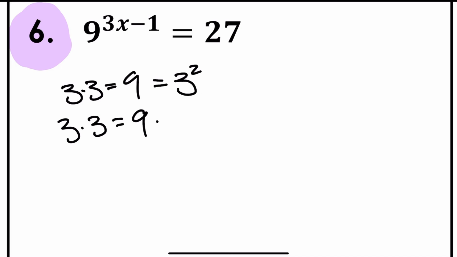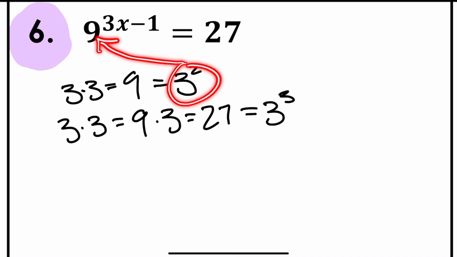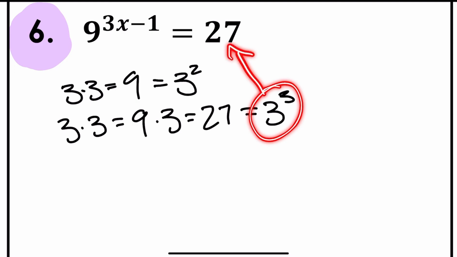3 times 3 is 9, times 3 again. That'll get us there. So that took three 3s, so I have 3 to the third power. Now to replace what we just figured out, I know 9 is equal to 3 to the second power, so I'm going to plug that in. I know 27 is equal to 3 to the third power, so I'm going to plug that in too.